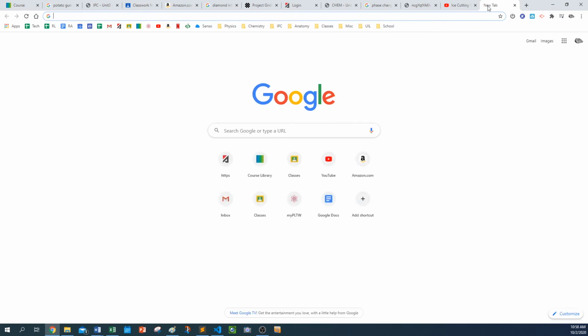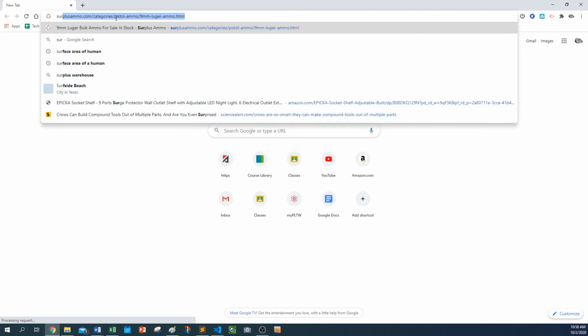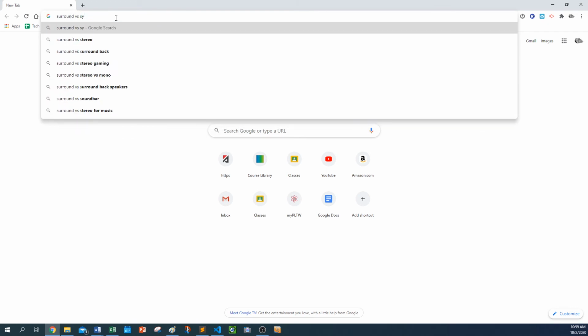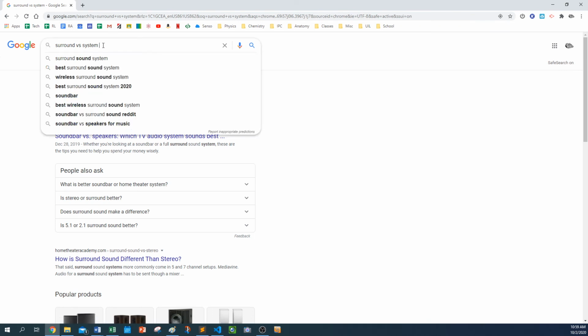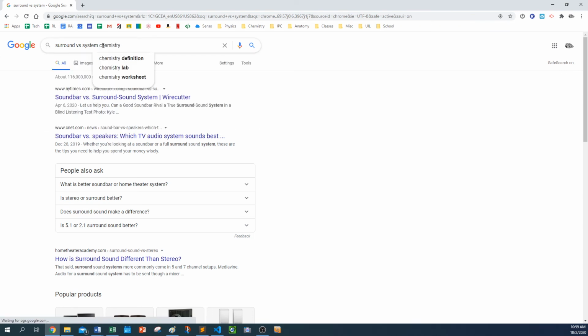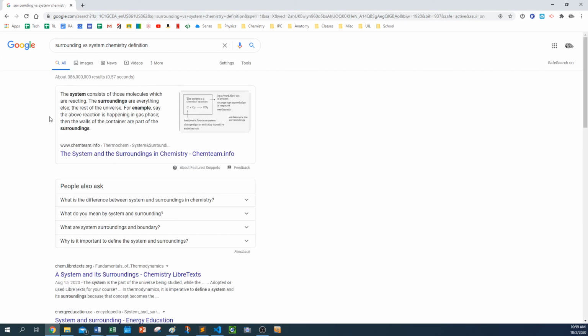Let's see if I can find proper definitions of this. So when dealing with these systems, we often have to think about what is our system and what is our surrounding.